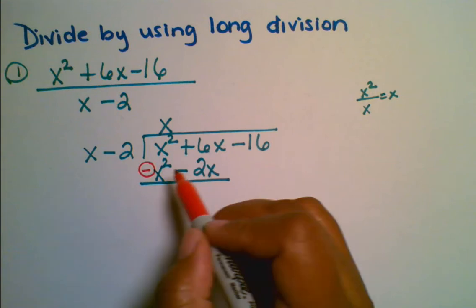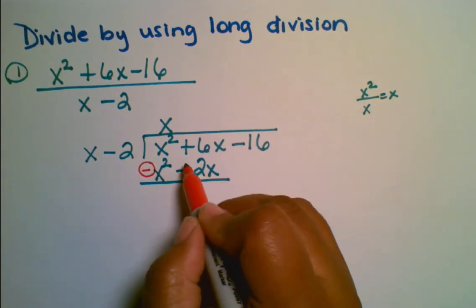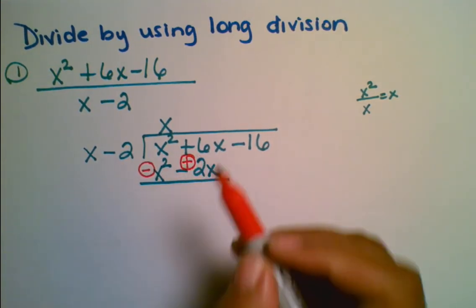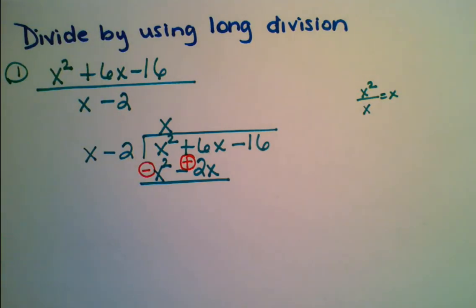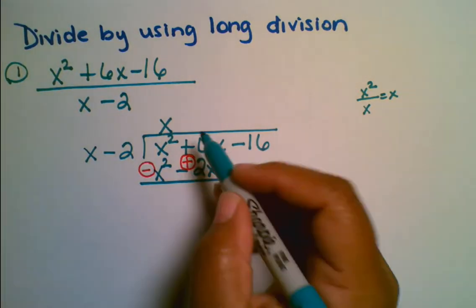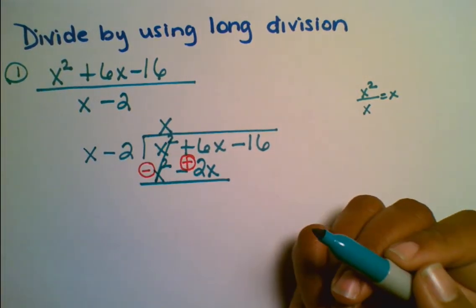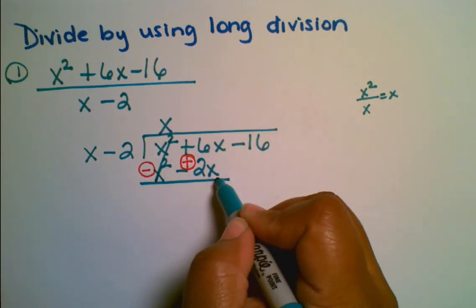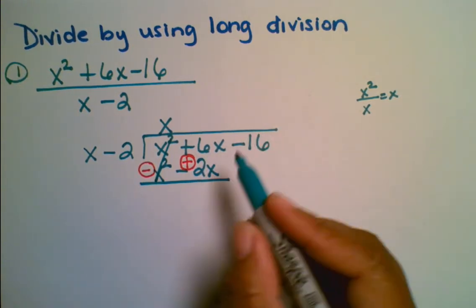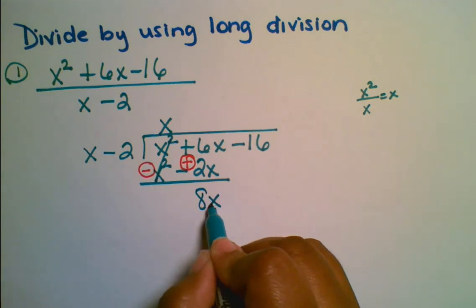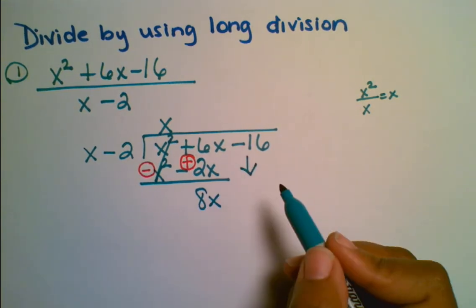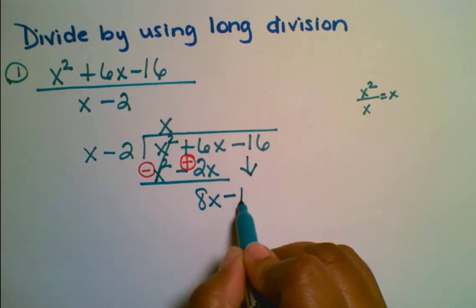So as we subtract, we change the signs. The signs that I have circled are the new signs we're going to use. So the x squared cancels out. Add your x's, 6x plus 2x, we have 8x. And then the last step in the long division is to bring down.